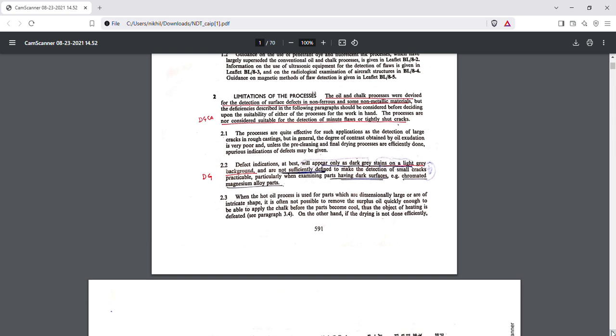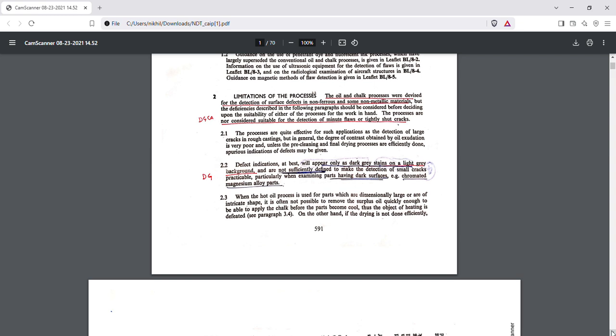The oil and chalk processes were devised for the detection of surface defects in non-ferrous and some non-metallic materials, but the deficiencies described in the following paragraph should be considered before deciding upon the suitability of either process for the work in hand.